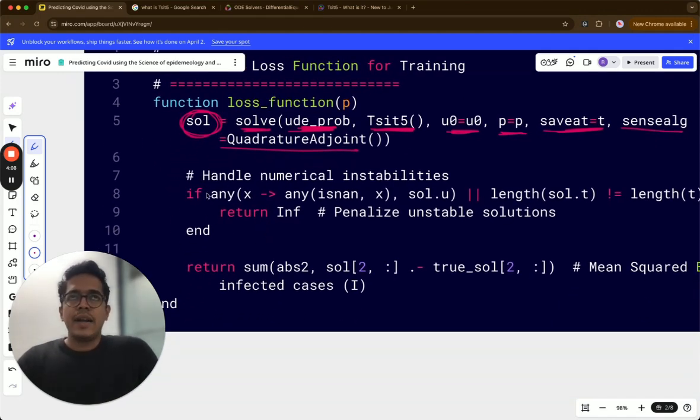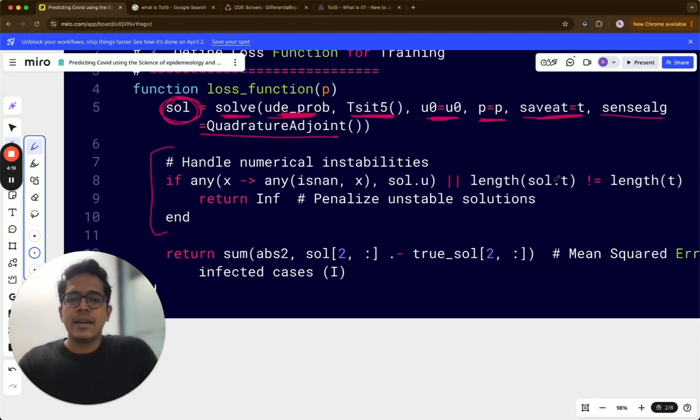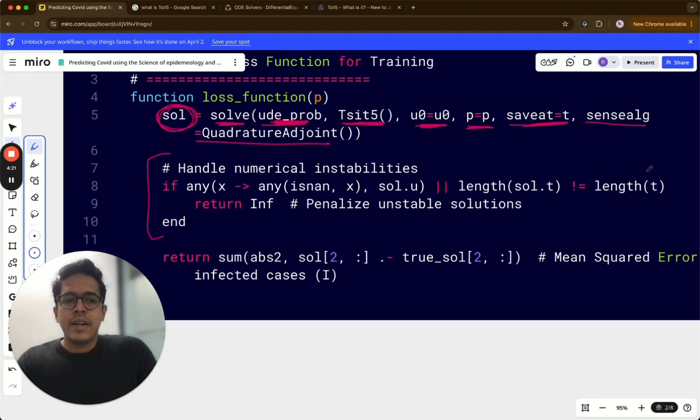Now, I noticed that while running this code, sometimes I was encountering instabilities where the time step was becoming so small and I was facing certain issues. So I added this block of code because I don't want any not-a-number values in my simulation.